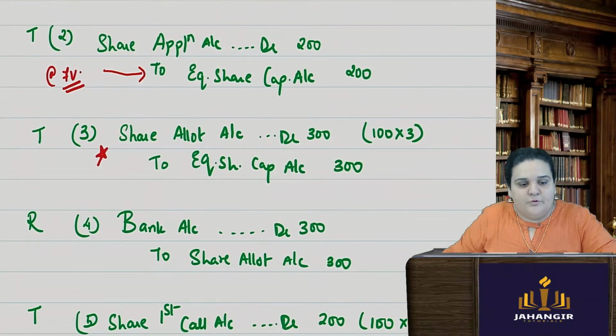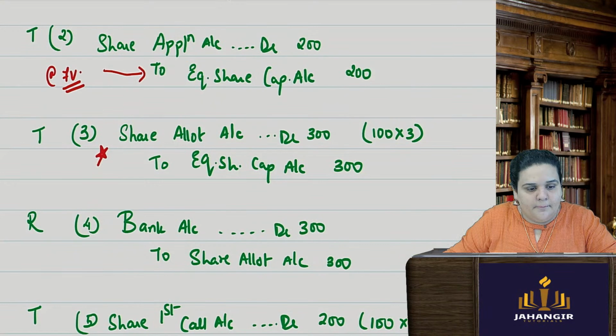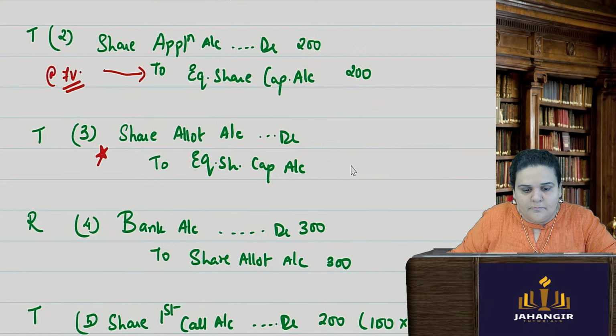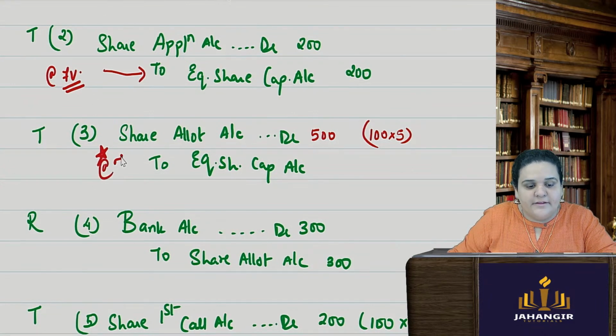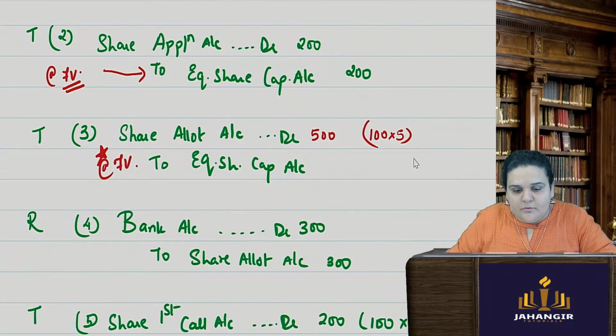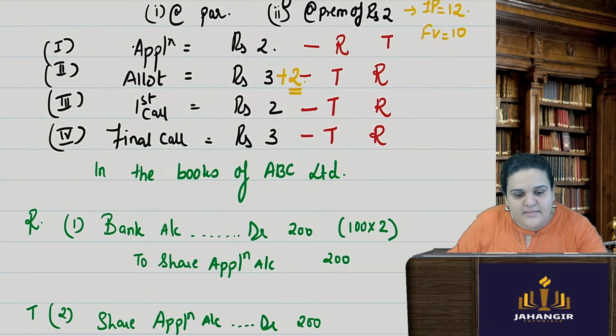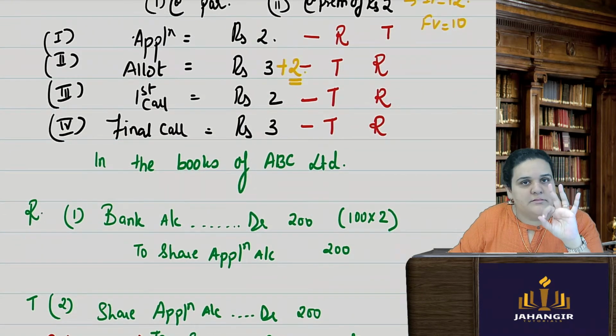So I will have to debit this by 100 shares into 5, 500 rupees, which is supposed to be received at the time of allotment. But equity share capital is always recorded at face value. So what will I do? I will do 100 into 3 only.